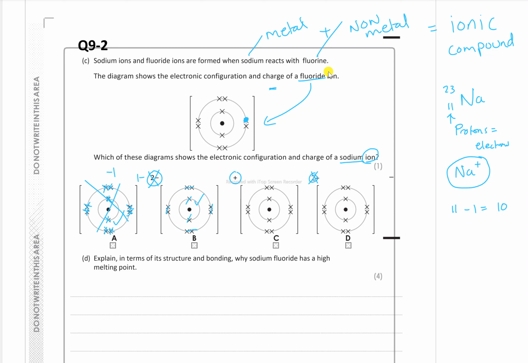This is the one we want, because that's given the wrong charge. Let me go through that again. Right, we've lost an electron, so we've got a plus 1 charge. So we're expecting plus 1, and this is the one. Why is this not it? Because it's got plus 2. And why is this not it? Because it's minus 1.